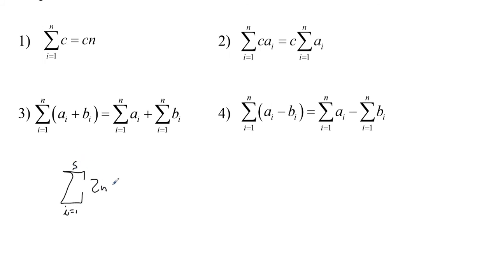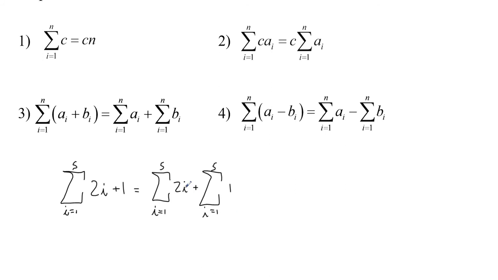So 2i, I keep making that mistake, and I apologize. We'll fix it there. 2i plus 1. Well, using this third property, I can say that that's the sum as i equals 1 to 5 of 2i plus the sum as i equals 1 to 5 of just 1.